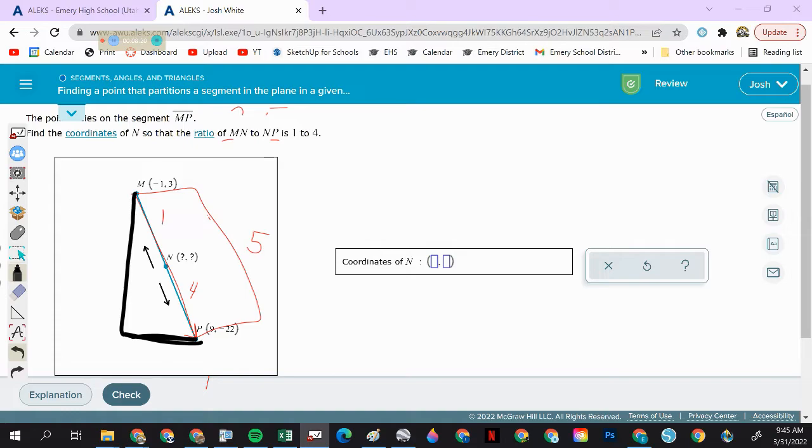I should probably do it the other direction, sorry. Let's do the x first. So how far does my x value change? From -1 to +9, how far is that? 10. So this is a +10. Okay? And then from here to here, how far is my y movement?